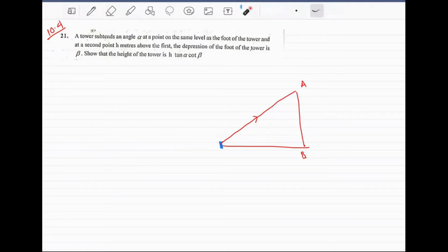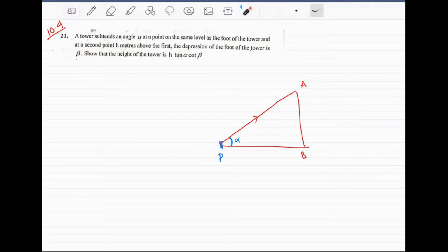All right, so here is a tower. It subtends an angle alpha at this point. This point, let us name it B. How much angle is subtended by the tower? Alpha. Remember, drawing is important.